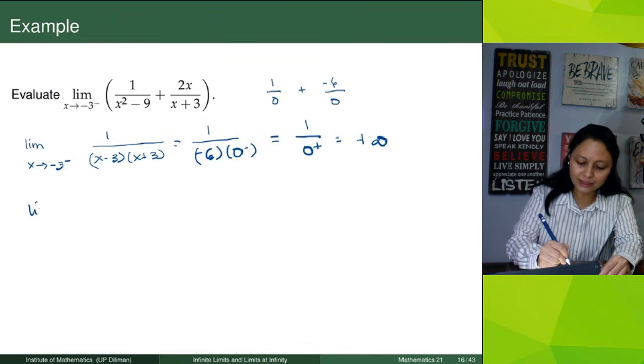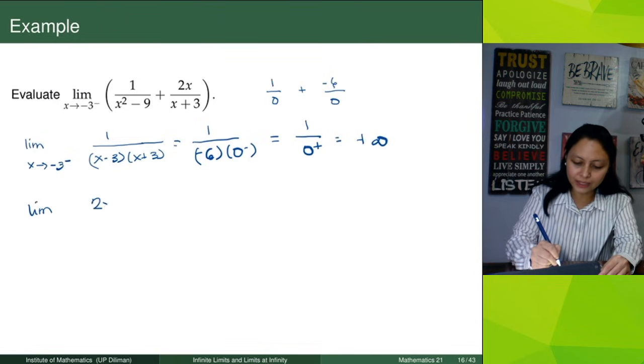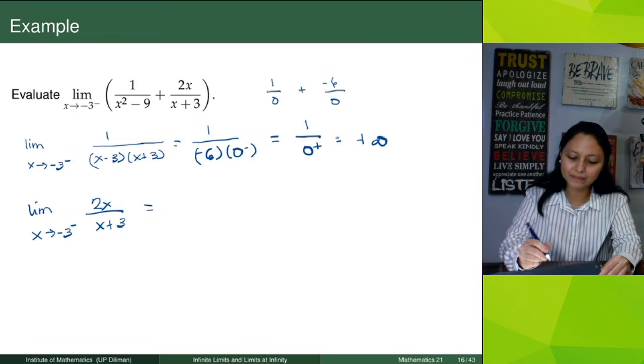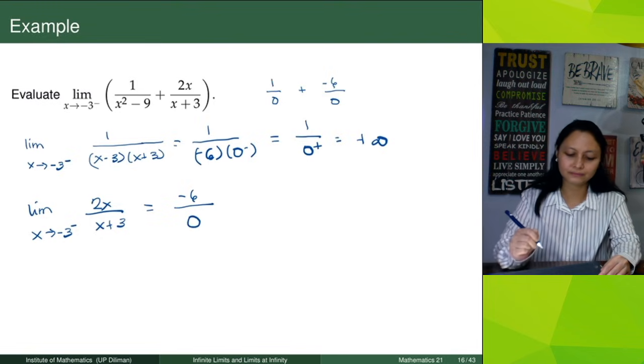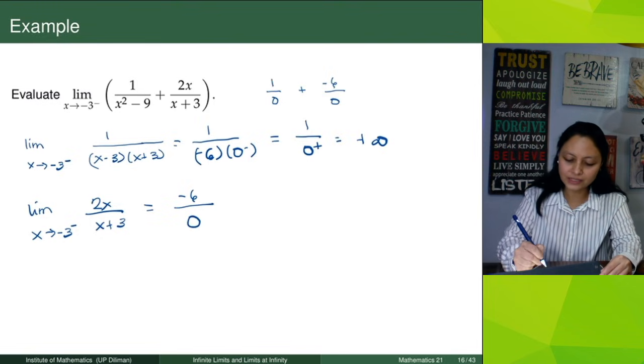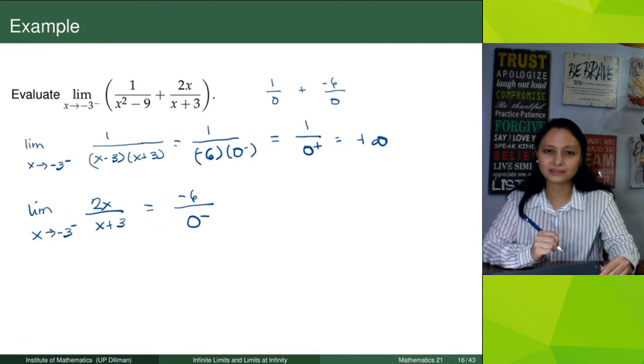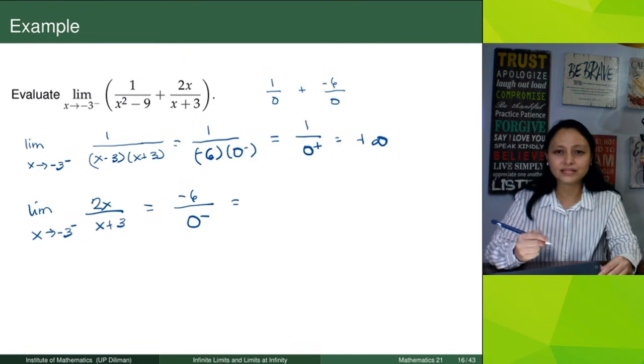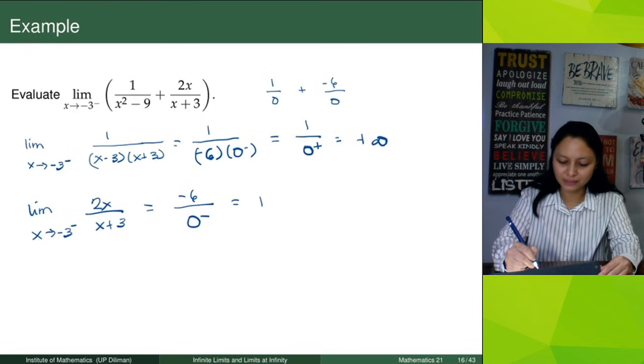So this is equal to positive infinity. On the other hand, getting the limit of 2x all over x plus 3, as x approaches negative 3 from the left, you have 2 times negative 3 is negative 6 all over 0. And you'll be approaching 0 from the left. Okay? Negative divided by negative is positive.